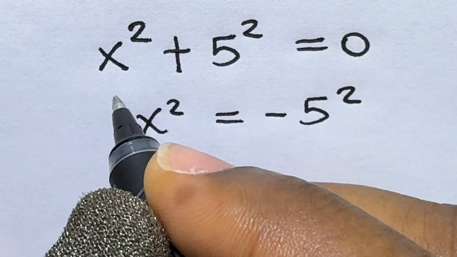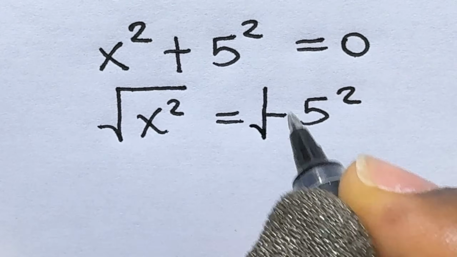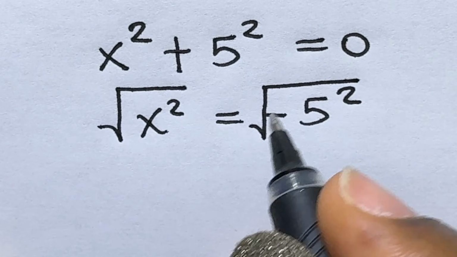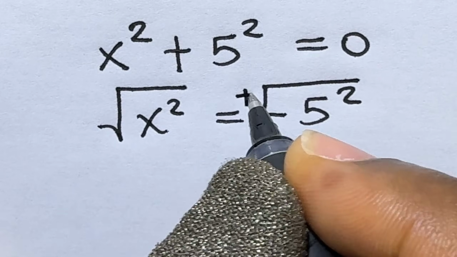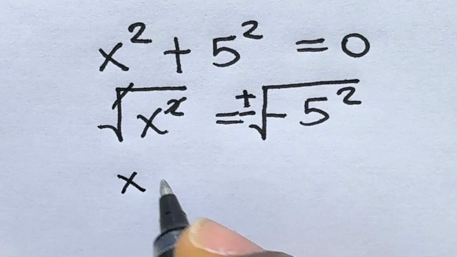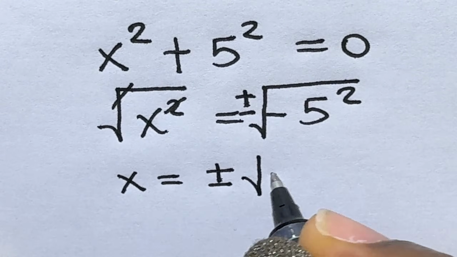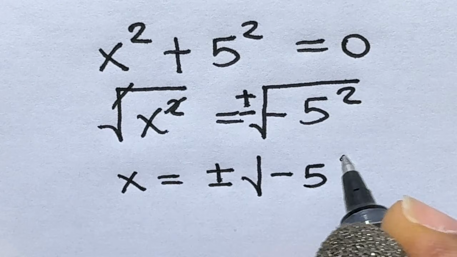Now let's take the square root of both sides. And when we do that, we need to include plus or minus. Therefore, x is equal to plus or minus the square root of negative 5 raised to power 2.